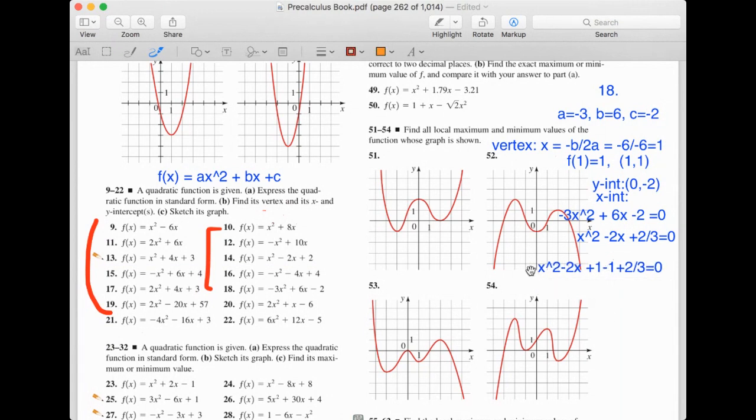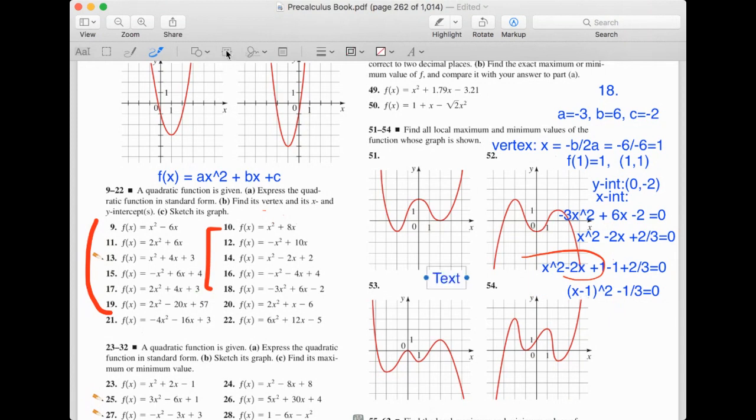So this gives me a complete square. So I can write it as (x minus 1) squared. Then -1 plus 2/3, that's -1/3, right? Equals 0.